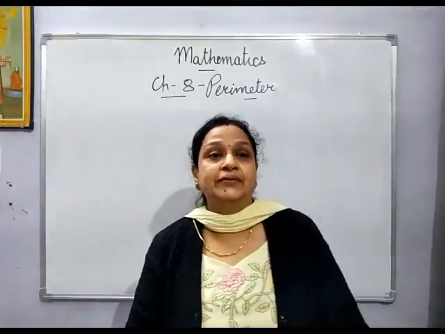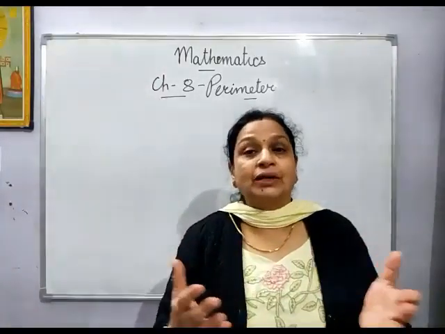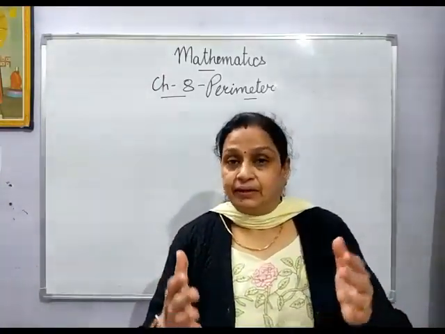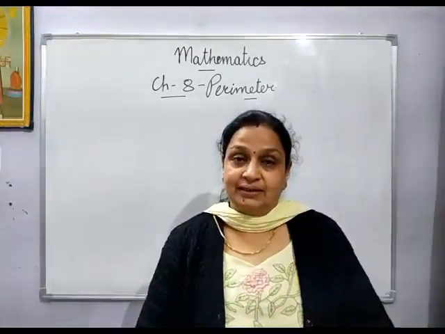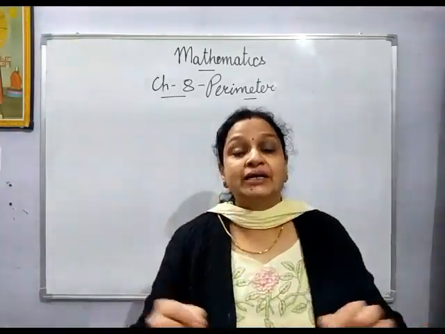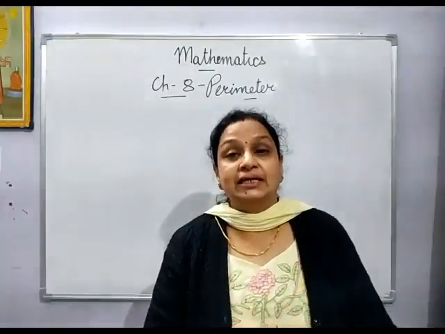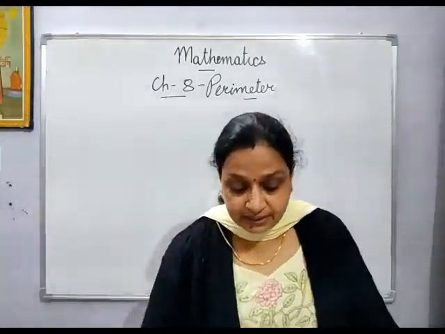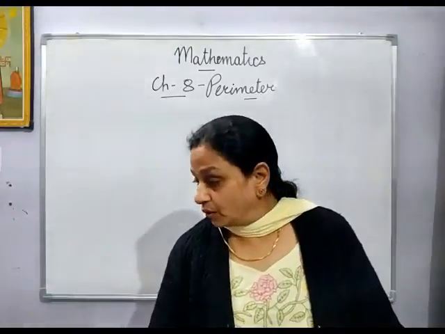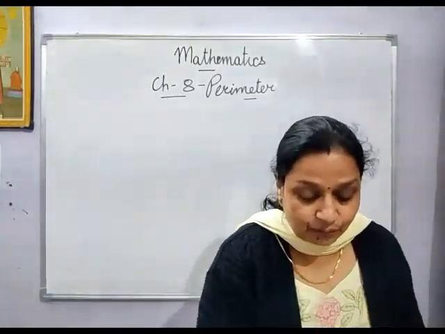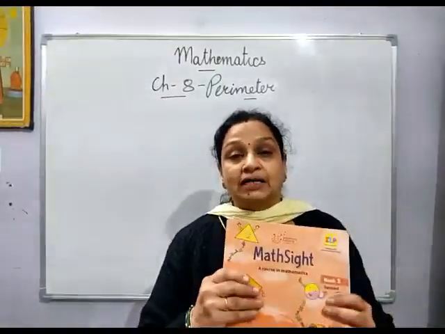Another example I'll give. Suppose you have one gift and you want to put a lace on it. You want to decorate it by putting a lace, so you will put it on the corners. Suppose I say like this box, or like your maths book.